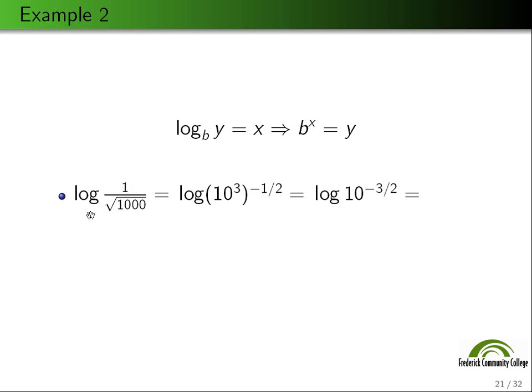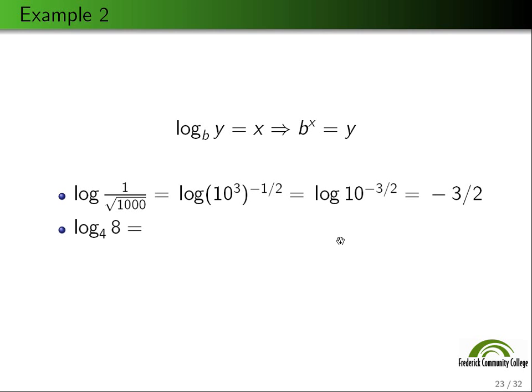And I left out the base here because we've studied this in class. Anytime you see log without a base, that means base 10. So this is log base 10 of 1 over the square root of 1000 equals log base 10 of 10 cubed raised to the negative 1/2 equals log base 10 of 10 to the negative 3/2. And so we need 10 raised to what power equals 10 to the negative 3/2? Surely it's negative 3/2.